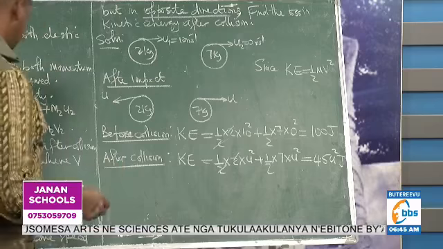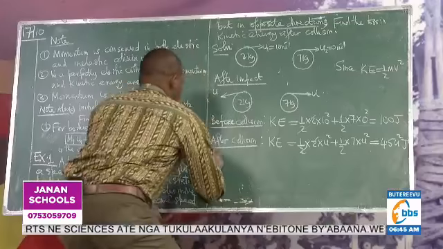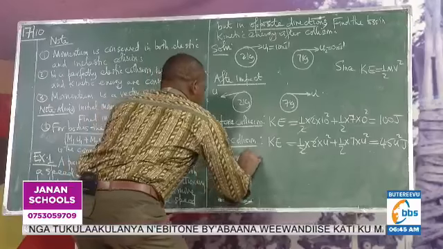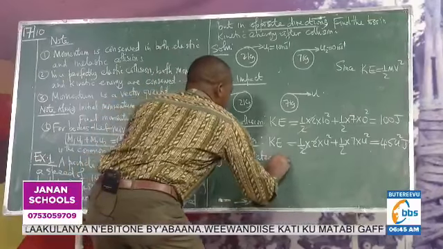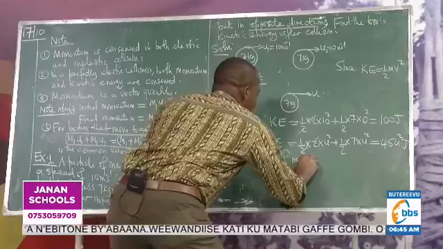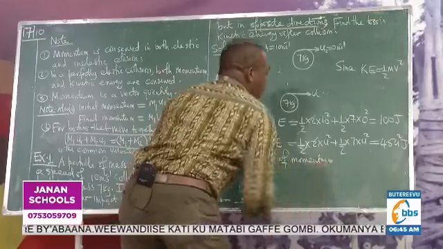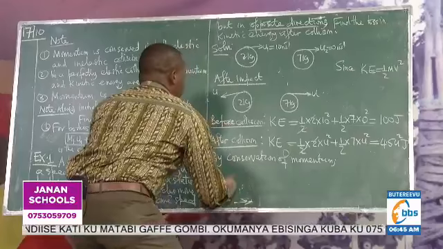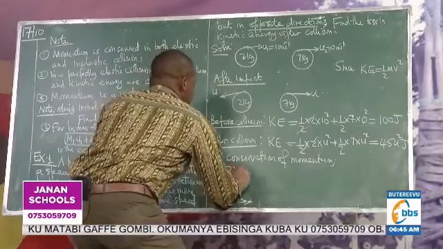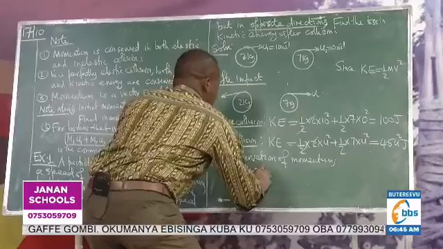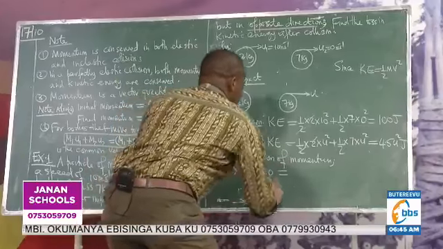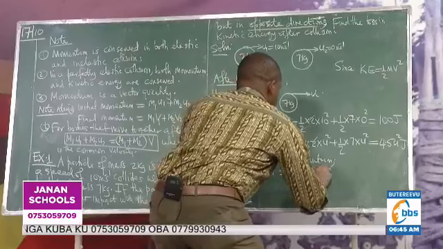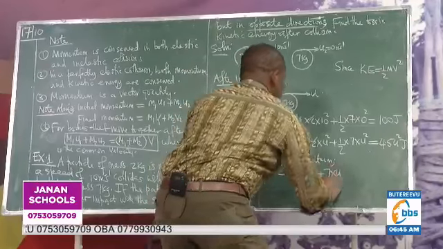But since they are telling us they move with the same speed, by conservation of momentum, momentum before collision will be 2 times 10 plus 7 times 0, and should be equal to 2 times minus u plus 7 times u.